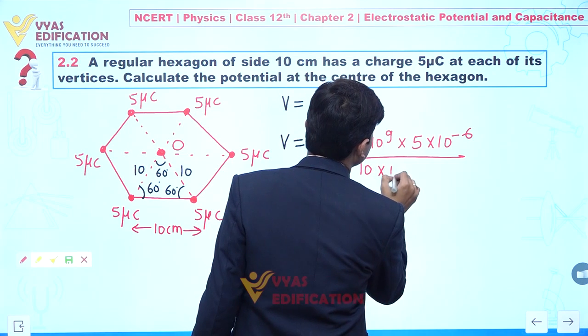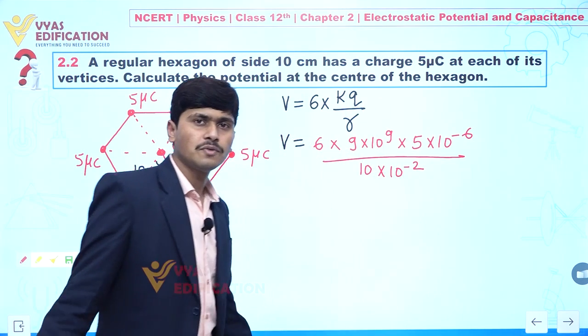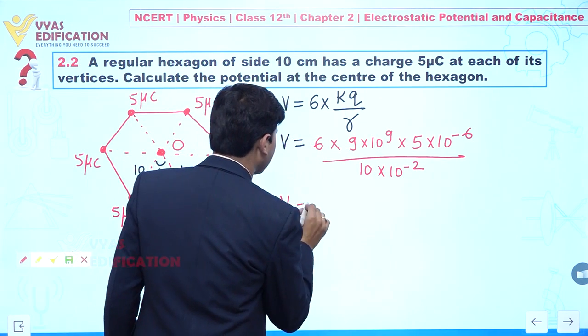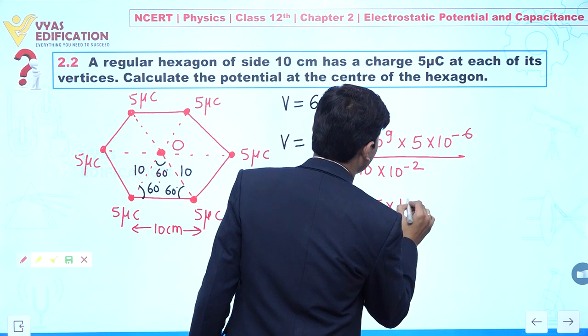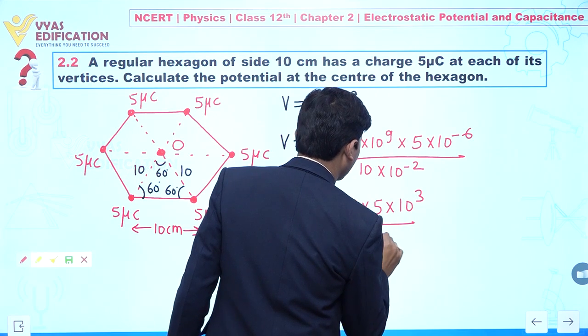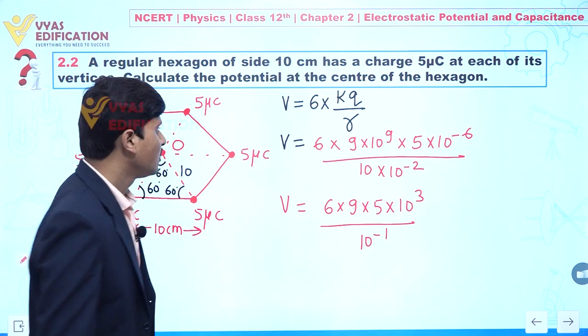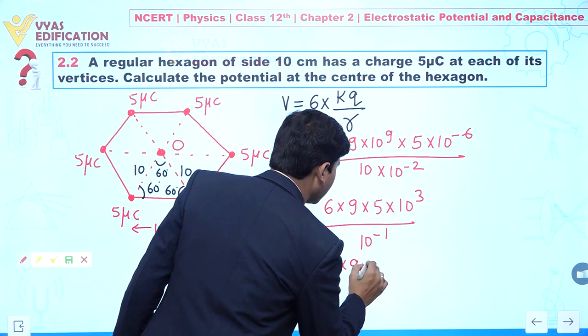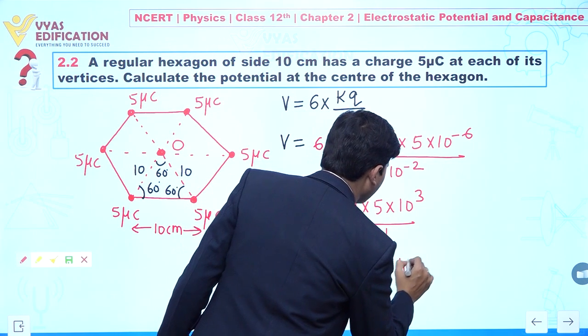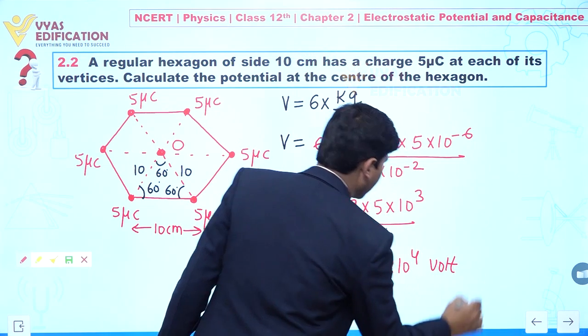So we can say this is 10 into 10 to the power minus 2. So we can write like this, 6 into 9 into 5 into 10 to the power 3 divided by 10 to the power minus 1. So we can say this is equal to 6 into 9 into 5 into 10 to the power 4 and this is volt, yes or no.